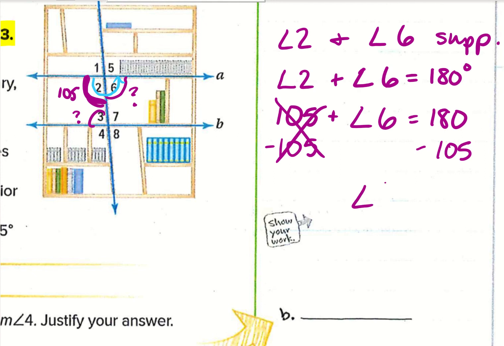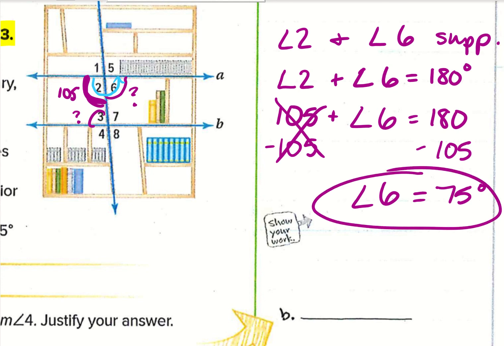Those cancel. Angle 6 equals 75 degrees. Really not a whole lot to it as long as you know the things that we've started throughout this school year. We've got some things from earlier on in the semester and then some things from last chapter.